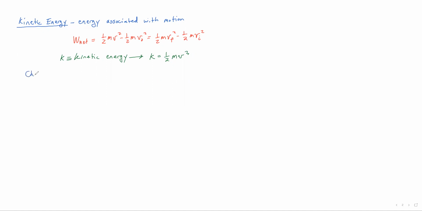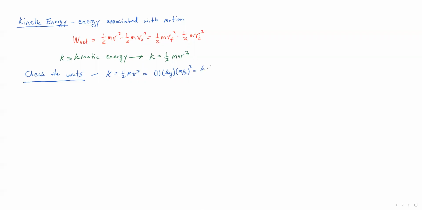So what we're going to do is check the units of the energy. When I check the units, what do I find? Well, I find that K is equal to 1/2 mv squared. A constant just has a unit of 1. Mass is a kilogram. V is a meter per second, and we're squaring that. So what do I have there?